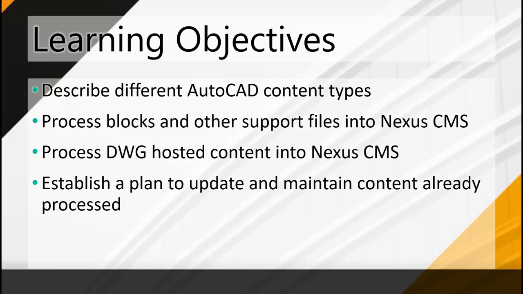Then we're going to take a look at DWG hosted content and some special controls you can use with that. And we'll also talk lightly about how to plan for future content maintainability. So that as you make updates to your standards, as you add to your standards in your AutoCAD content, you can maintain not just stuff that you want to process new, but also stuff that's already been processed in, and certain things you're going to want to make sure you're thinking about.